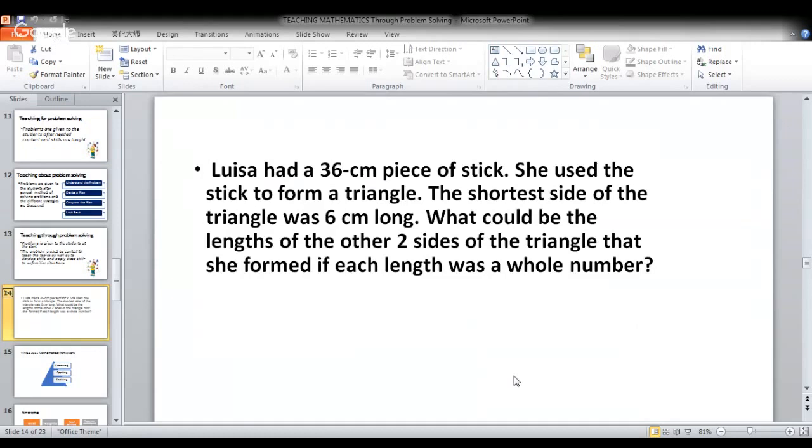She used the stick to form a triangle. The shortest side of the stick was 6 centimeters. What could be the length of the other sides of the triangle that she formed if each length was a whole number? Could you think about that one?